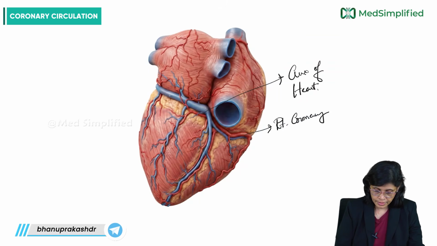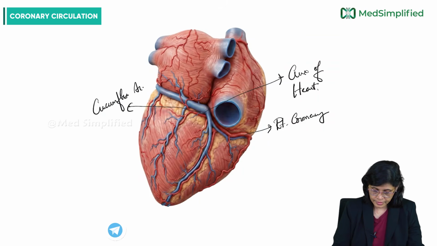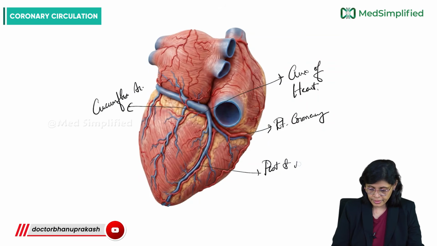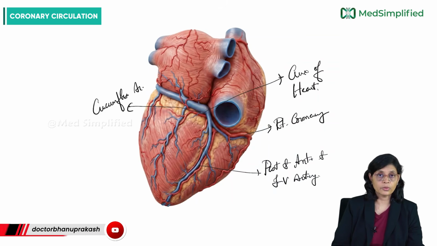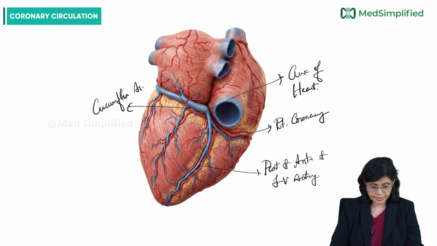We can see here behind will be the circumflex. Here we see this is the posterior interventricular groove, where we will see the anastomosis between the posterior and anterior interventricular arteries. So that is how the course of both the coronary arteries is.